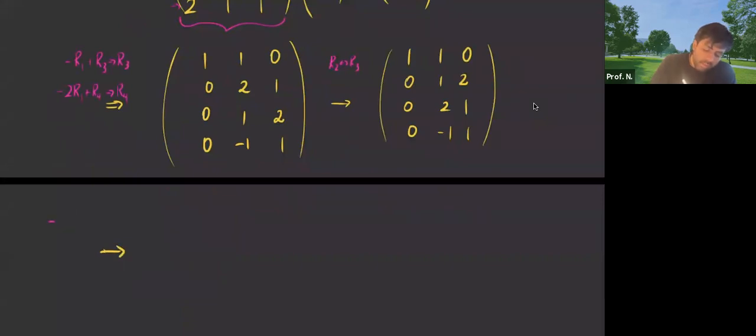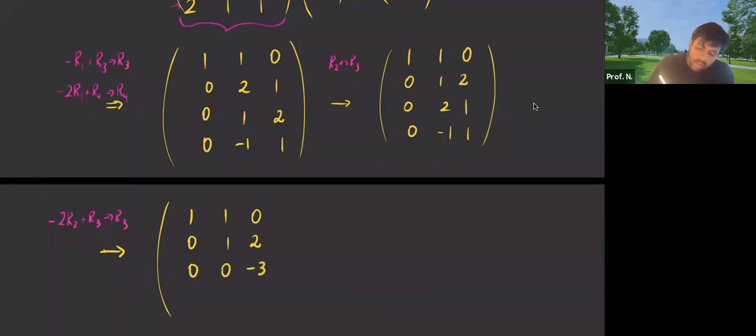So I do negative 2R2 plus R3 into R3. So this is 1, 1, 0, 0, 1, 2. When you multiply by negative 2, you get 0. And then when you multiply negative 2 by 2, you get negative 4 plus 1 is negative 3.